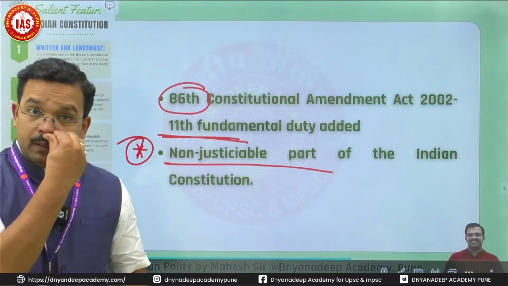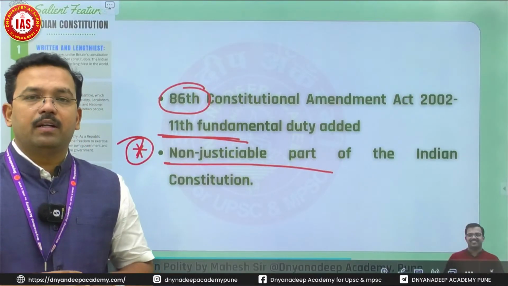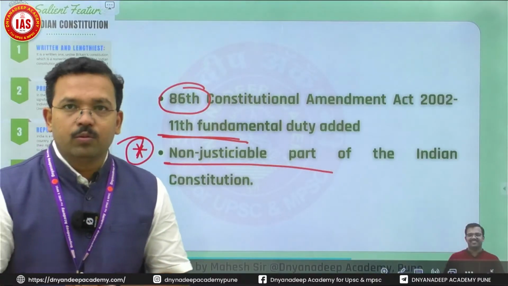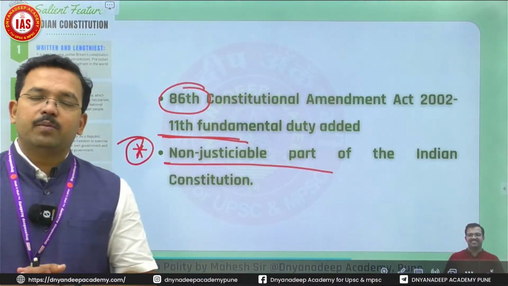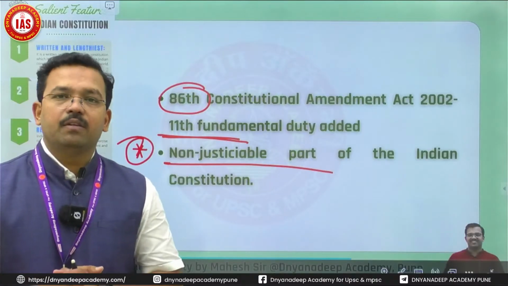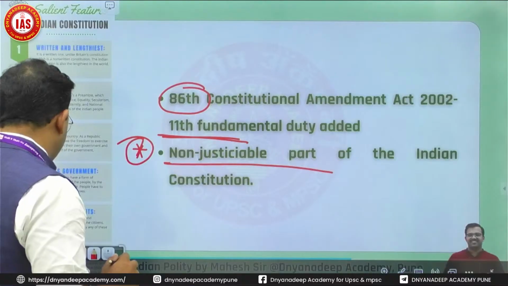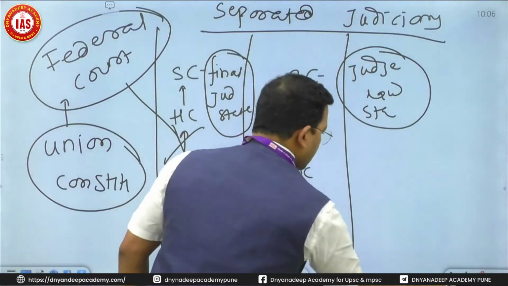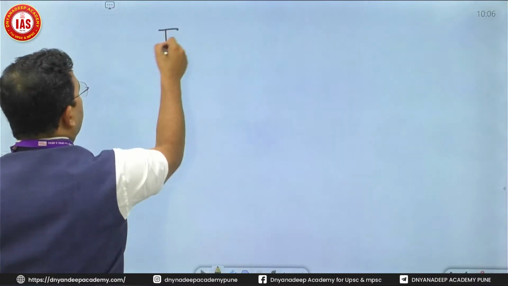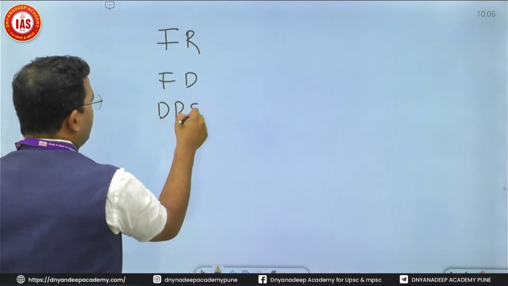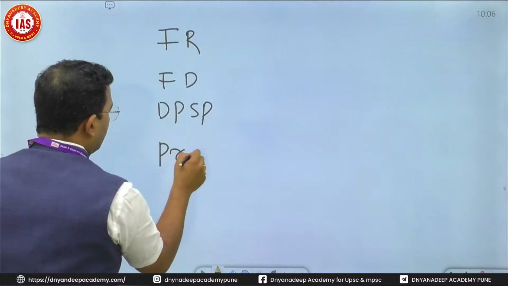That is, if a person do not follow fundamental duties, we do not go to the court, unlike Article 32 and 226, which are available as a protection to the fundamental right. So if we compare, if you make a chart, we are getting very important chart: fundamental right, fundamental duty, DPSP, and preamble.